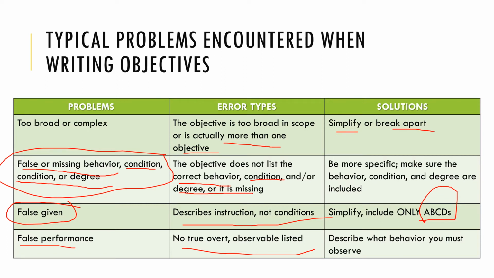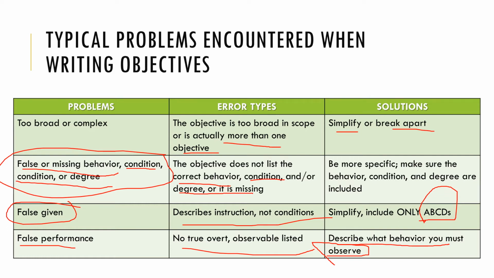Okay, nagiging false performance siya kasi hindi mo siya pwedeng you cannot actually measure it, and you cannot execute it. No, ano yung ibig sabihin niya ng to know? Okay, because the term is very broad. Next, the solution, we have to describe what behavior you must observe. Okay, so that is why we really have to be specific. Okay, and then simplify, of course. Okay, so those are the typical problems encountered when writing objectives.